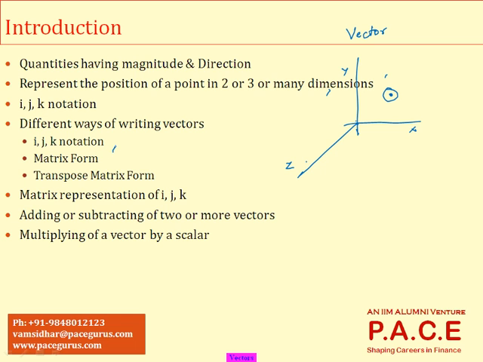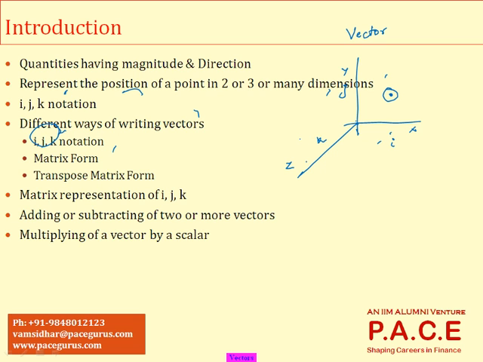The most common form of a notation for a vector is the IJK form. So whatever is the distance on the x-axis is looked at with respect to i, y-axis with respect to j, and z-axis with respect to k.